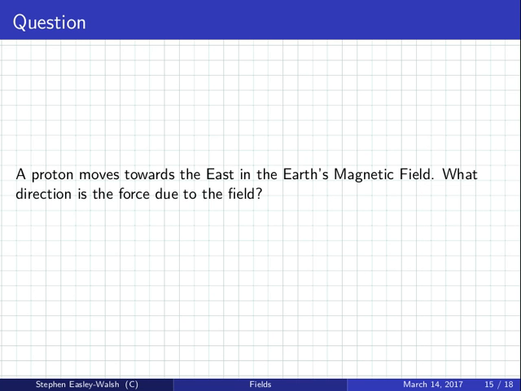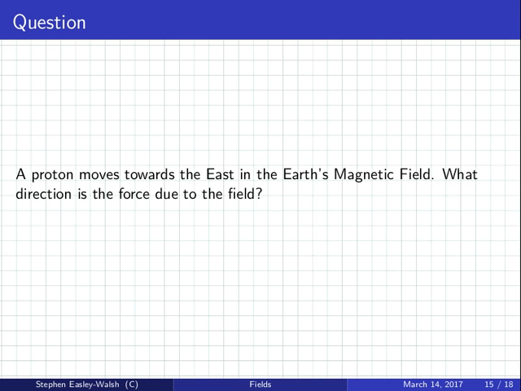If you remember the picture of our Earth, up at the top is the South Pole, which we call north, and the field goes from north to south. So the field actually goes towards Santa Claus. Okay, so the field is that way. The proton is a positive charge, moving towards you.